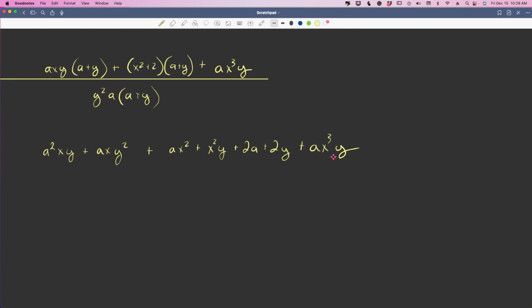So they're all just these terms over y squared a plus y, or if you're doing it in alphabetical order, that would be ay squared, right? Either one of those would be right. So I believe it's easier to type it in this way because there's fewer exponents for you to have to type.